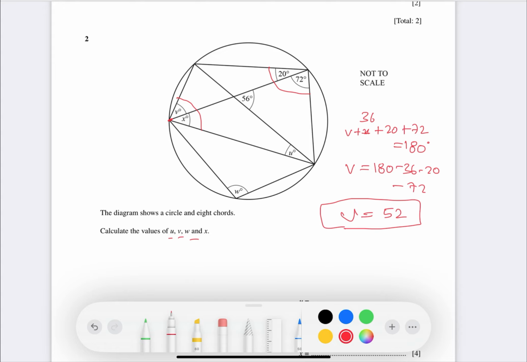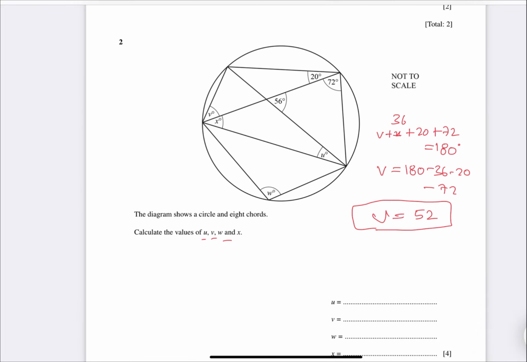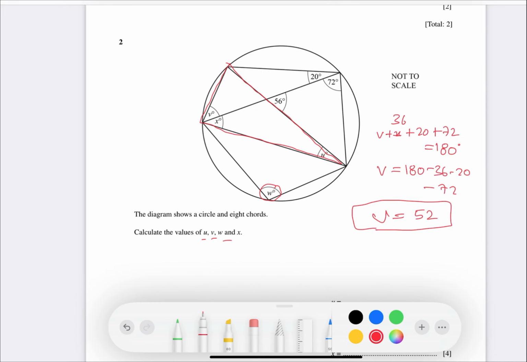The last but not the least, we have to figure out what w is. How can we calculate the value of w now? Any guesses, learners? All right, now listen. Can you see this triangle? Why am I using only this triangle? Let's see. If I have to calculate w using the cyclic property, this is a cyclic quadrilateral. See what I am visualizing over here.